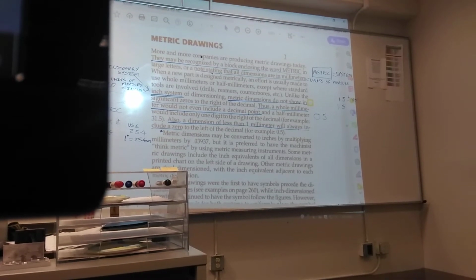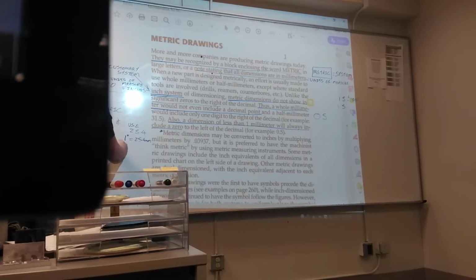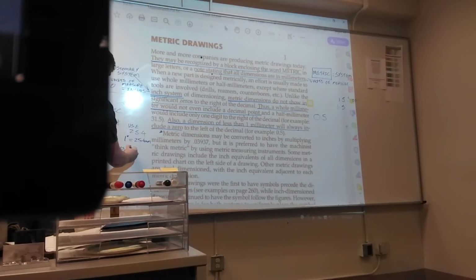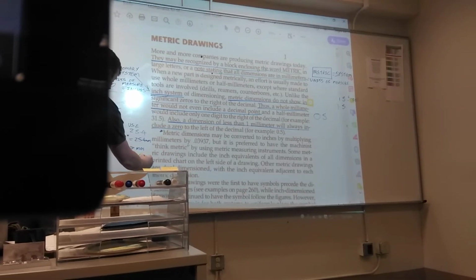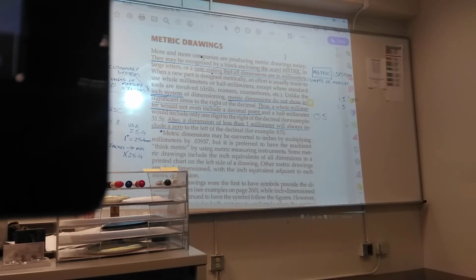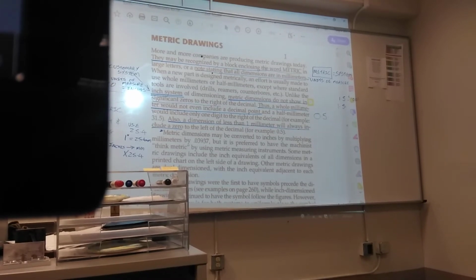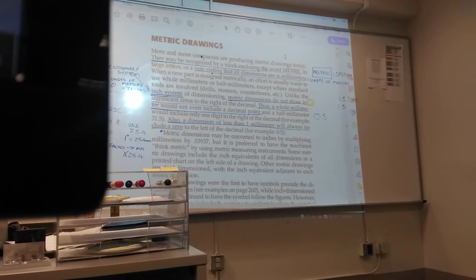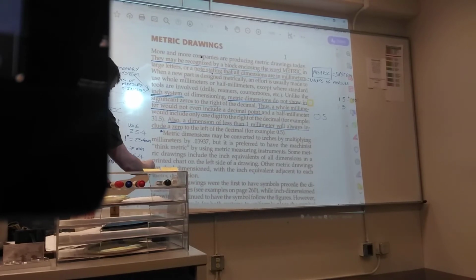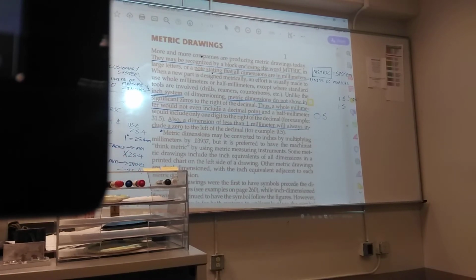So if you are going from inches to millimeters, you have to multiply by 25.4. 1 inch times 25.4 will give you 25.4 millimeters. If you are going the opposite direction, millimeters to inches, you do the opposite. You're going to divide by 25.4.